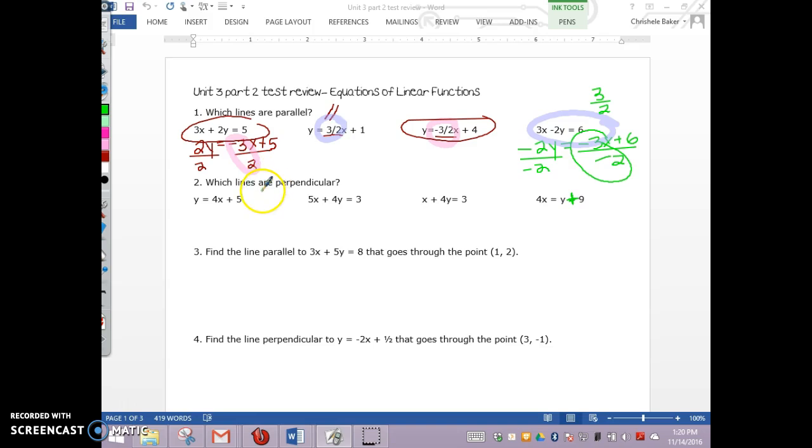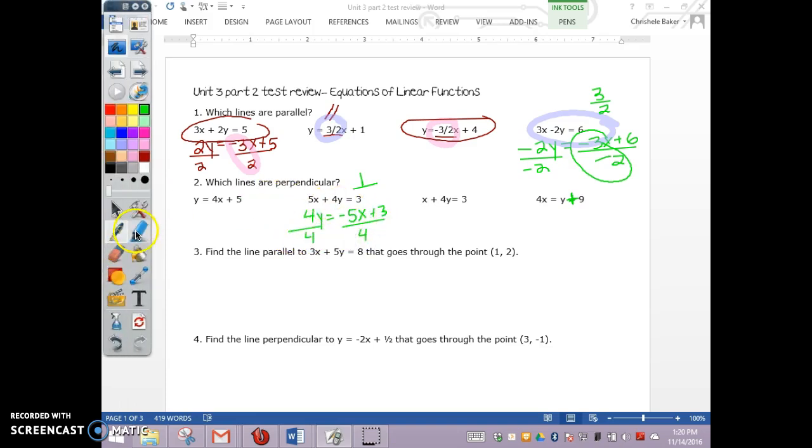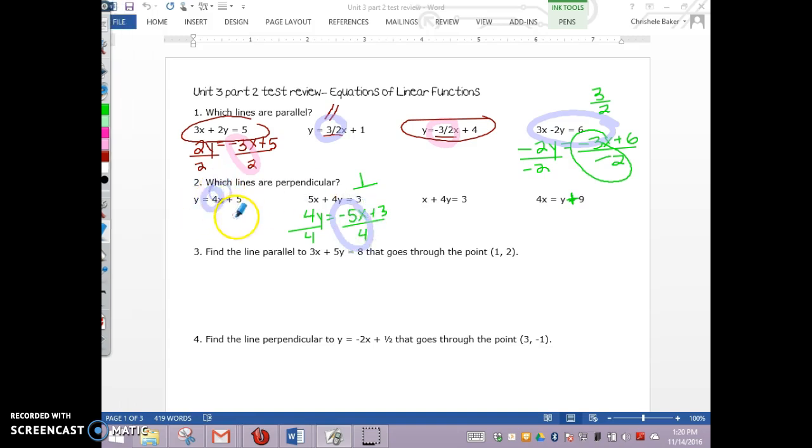Which lines are perpendicular? So I'm looking for opposite reciprocal slopes. I'm going to get this y by itself by moving the 5x to the other side and dividing by 4. Is negative 5 over 4 the opposite reciprocal of 4?